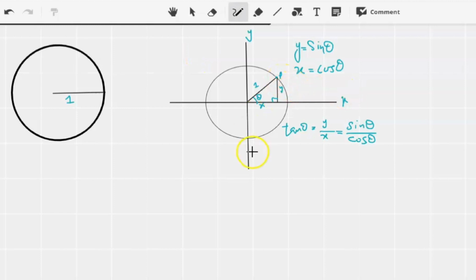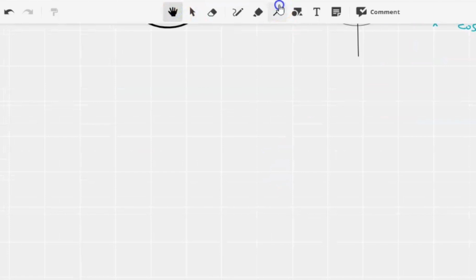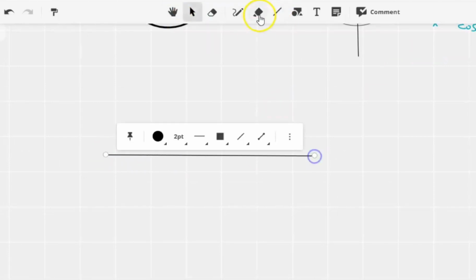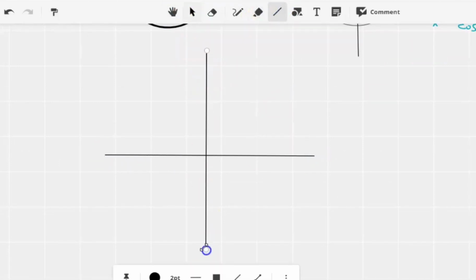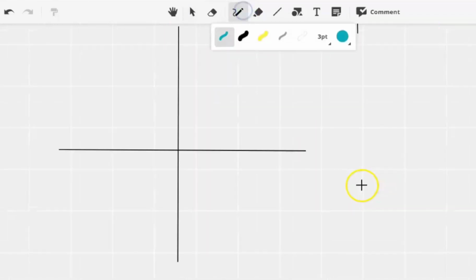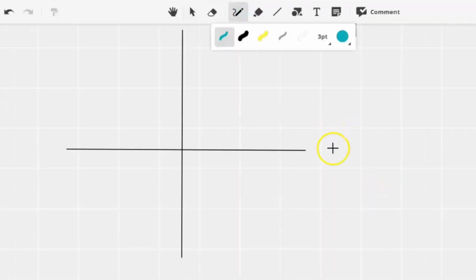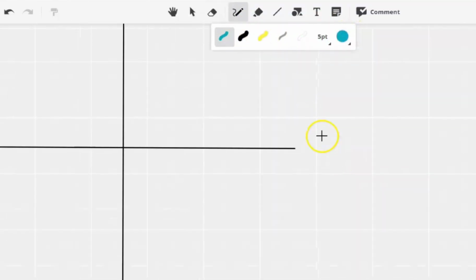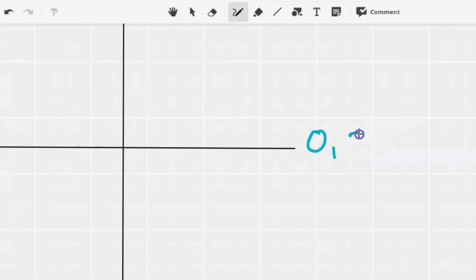Okay, now I'm going to show you how to divide this Cartesian plane into 4 quadrants according to sine, cos and tan. Let me draw another plane over here. I'm going to write both in degrees and in radians. You start from 0 and 360, and 0 is 0 in radians, and this one is 2 pi.